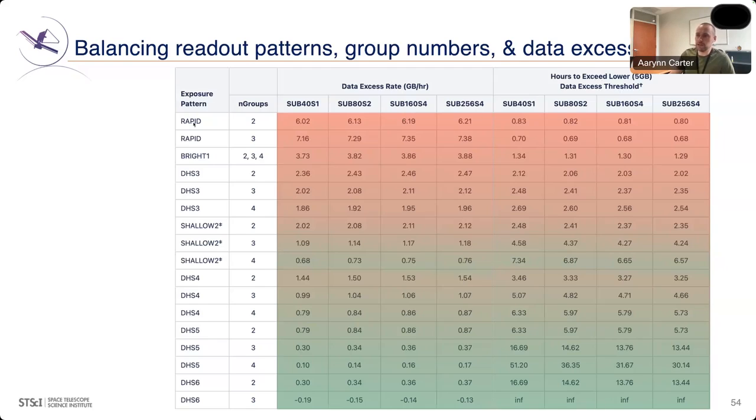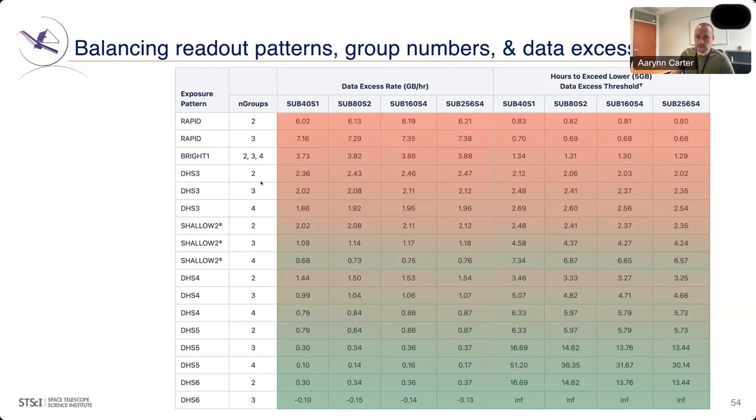You can see here, for the rapid readout, our excess in just 1 hour is 6 gigabytes. We're already over the lower threshold, and you can see that here, 0.8 hours. So really not sufficient to perform the kind of observation we would typically want to apply. But as we move to longer readouts, and particularly these new DHS-N readout patterns, those data excess rates get suppressed, and we can eventually reach a point where the data excess rate is negative, and we can perform essentially an infinitely long exposure.